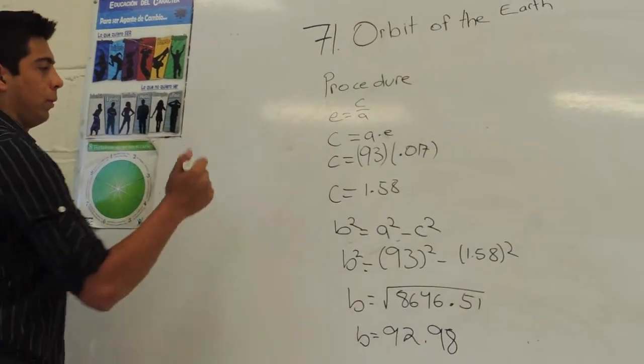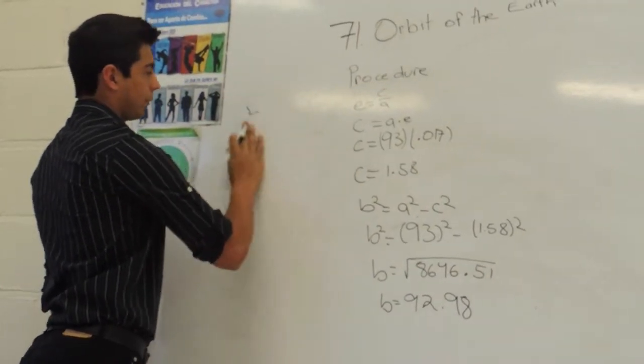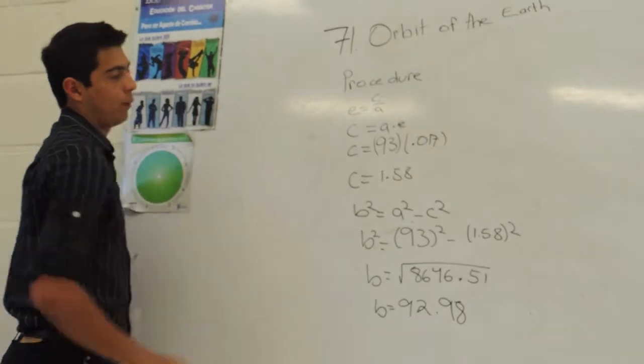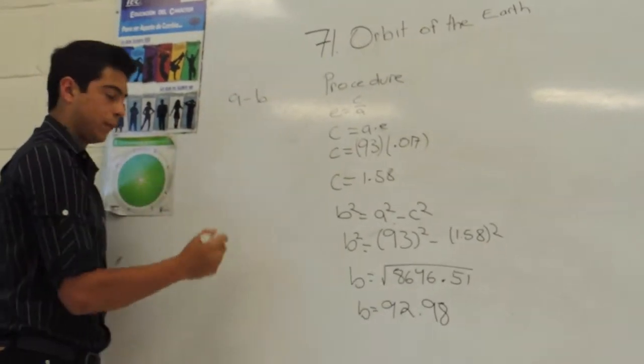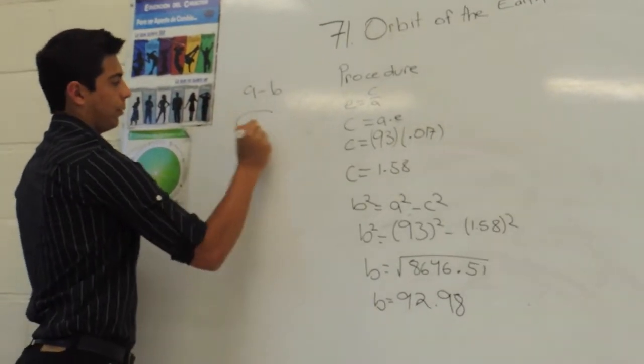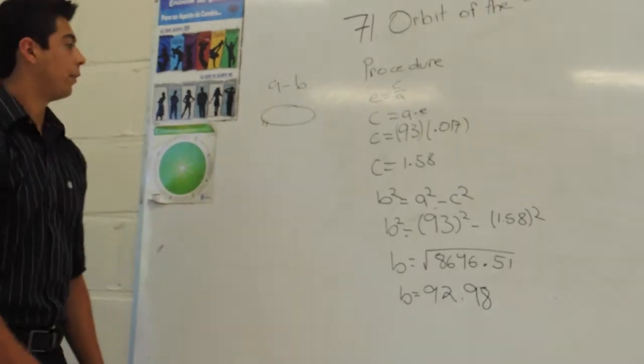Well, in order for us to get how much distance the Earth advances per day, we need to get A and B to know the perimeter of the ellipse and then know the distance of a day.